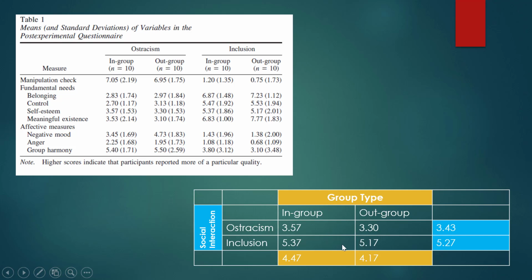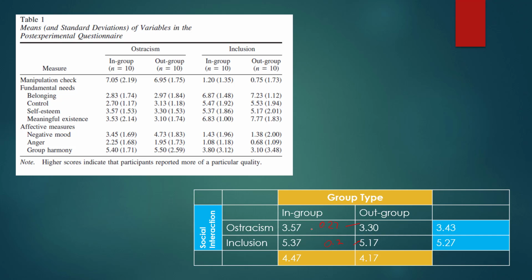So we look at the differences here. Between these two, we have a 0.27 difference, and between these two, we have a 0.2 difference. So looking at the differences between in-group and out-group, dependent on ostracism versus inclusion, not a whole lot of difference there.